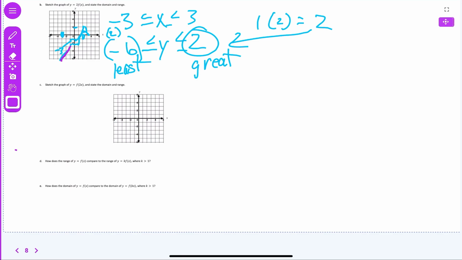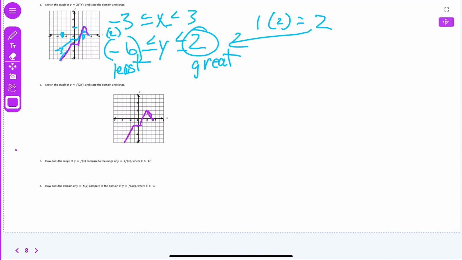So -6 to -2 over on -2. And then we're going to jump up to 2 here and back down. If I did my first graph correctly, that should be it. Okay, sketch the graph. Oh, well, that's where we should have done it here. -6 is going to go up to -2 over up to 2 and back down to 3. That should have been a little bit straighter. Okay, that's the way it should look.